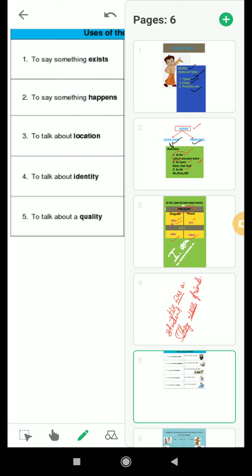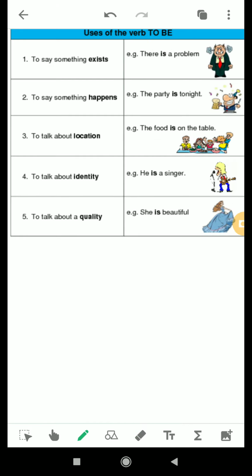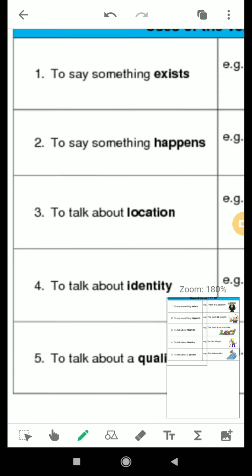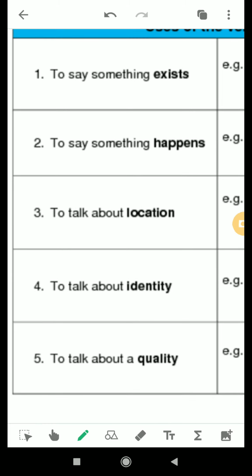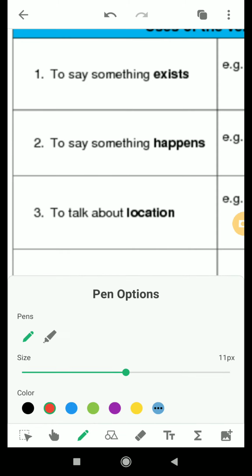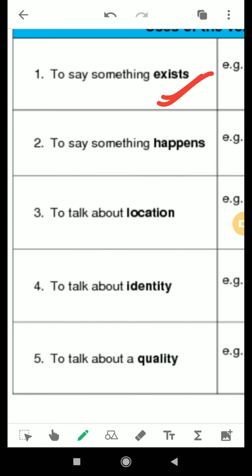First, we use to be verbs when we want to say something exists, when we say something happens, or we want to tell some location, some identity, some quality. So we use to be verbs to tell about existence, happenings, location, identity, and quality.